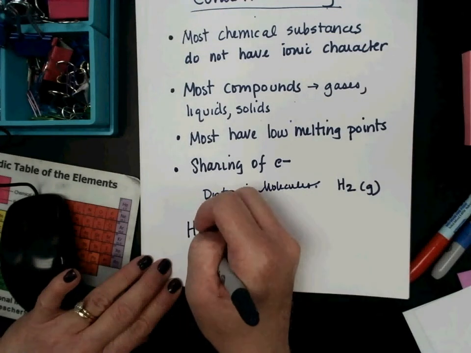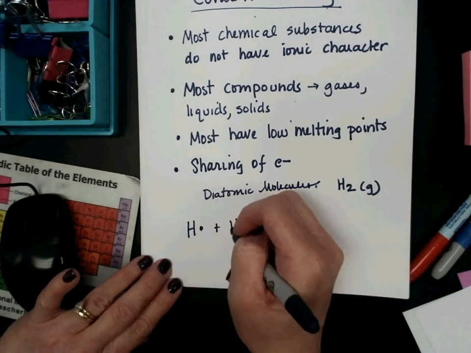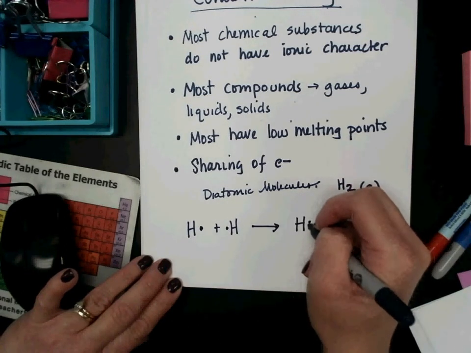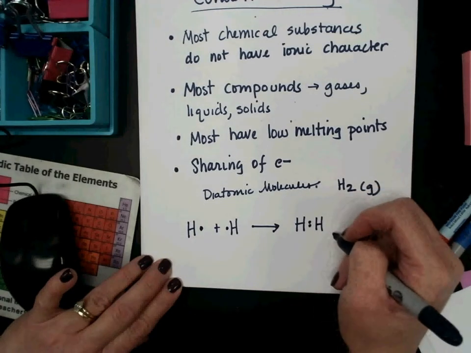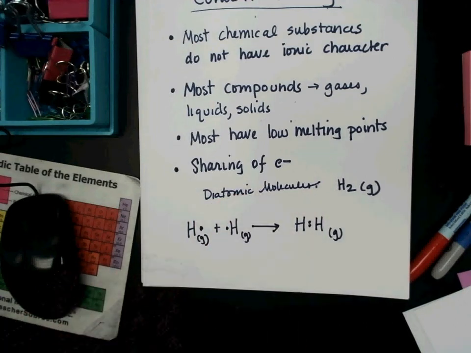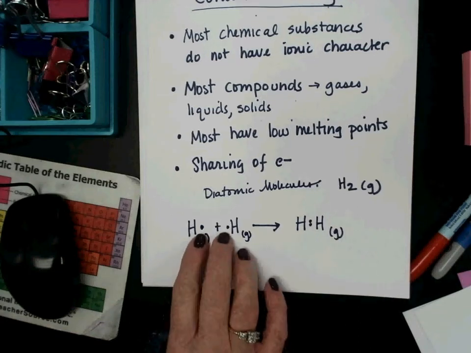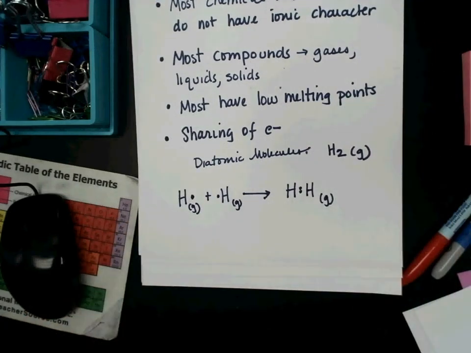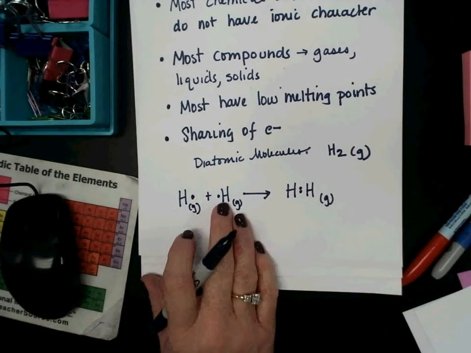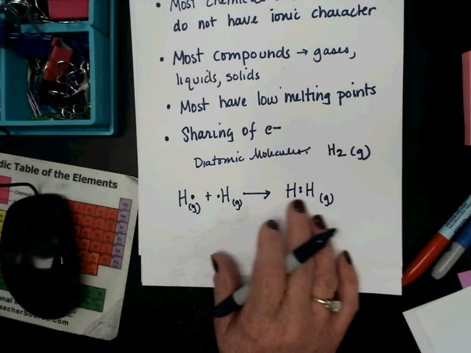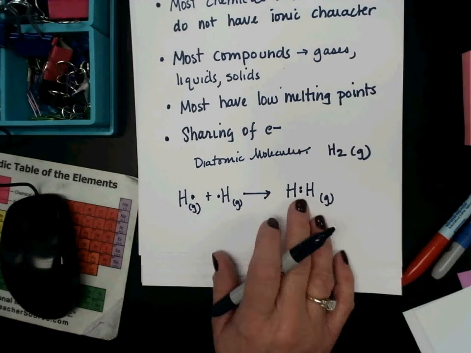If I were to show that as a Lewis equation, I would have H plus H yields H2. Of course, this would be gas, gas, gas. Normally we would put these electrons at the top, but when you're showing this bonding, it's okay to show these electrons in a situation that is similar to how they're going to be shared over here.